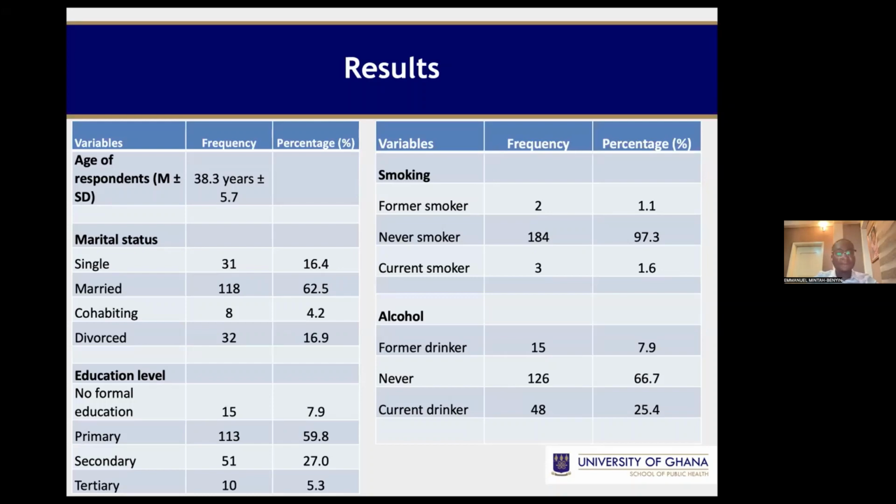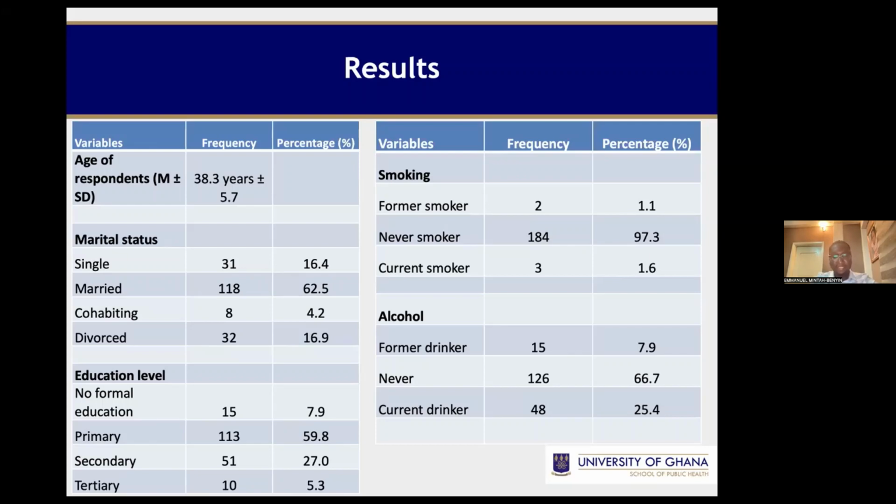These were my findings. This table shows descriptive statistics of socio-demographic characteristics of respondents. The mean age of the study was 38.3 plus or minus 5.7 standard deviation. Out of the 189 respondents, 62.4% were married, with 16.4% being single.